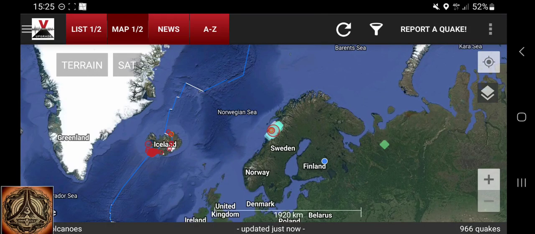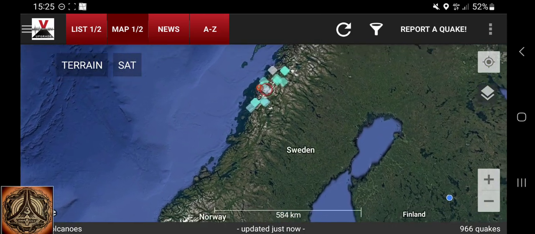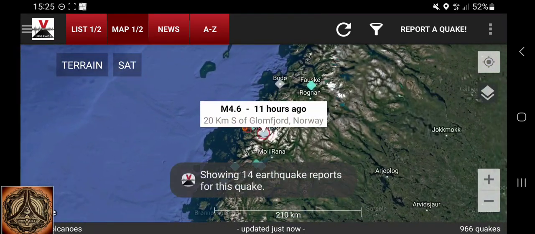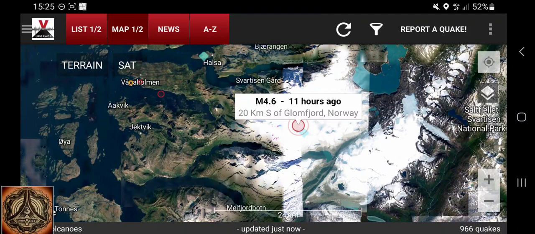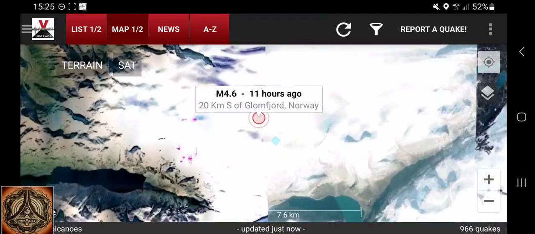So now you got a glimpse of this. And there could be so much still said about the whole thing, but the reason why I talk about this is that we had a quake in Norway. In Glomfjord, 4.6. That's a rather big quake for Scandinavia. And how else could it be? It is on top of a glacier.